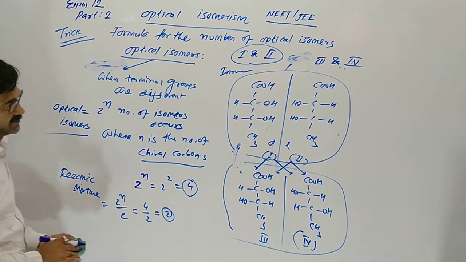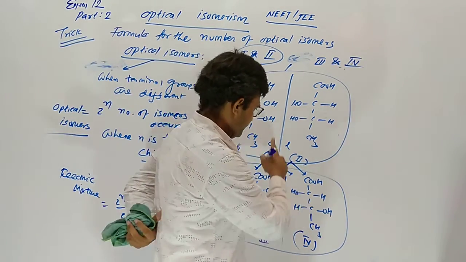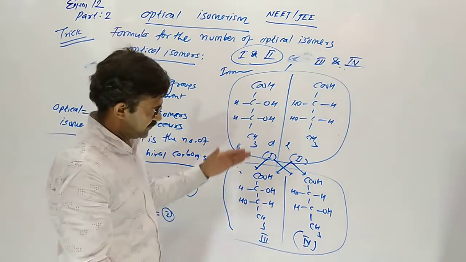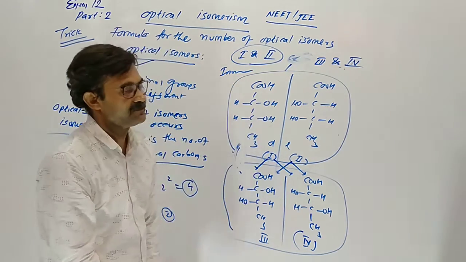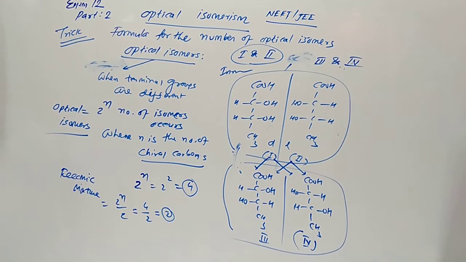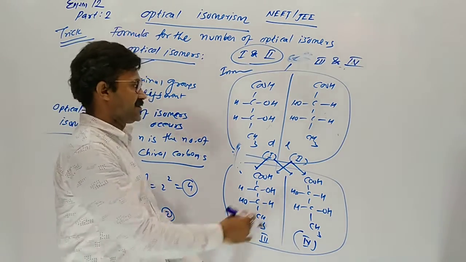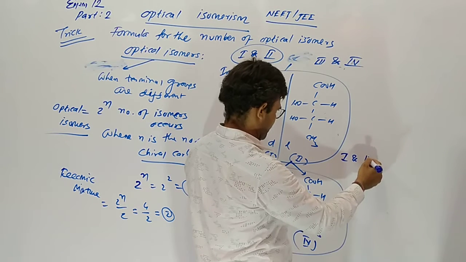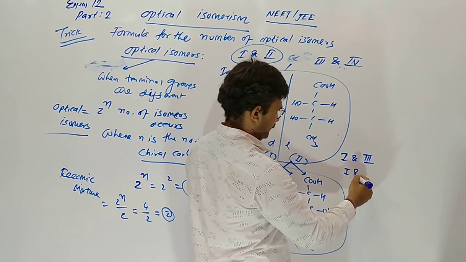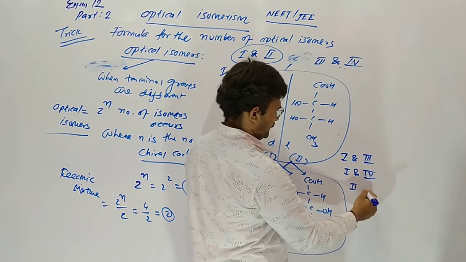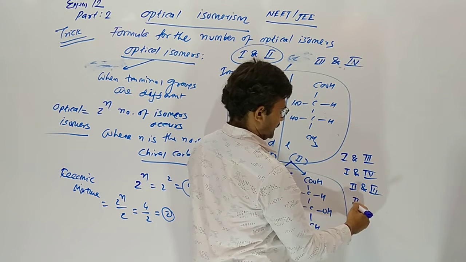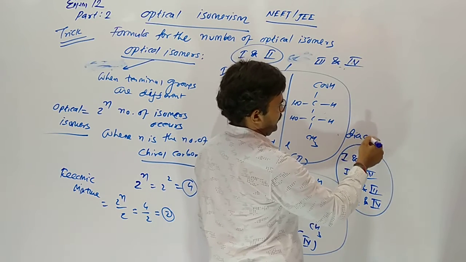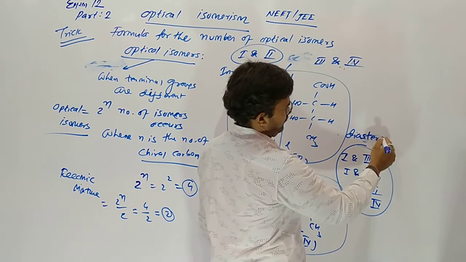Yes, diastereoisomers have the same molecular formula, isomers which are not mirror images or enantiomers of each other. 1 and 3, 1 and 4, 2 and 3 and 2 and 4 are diastereoisomers.